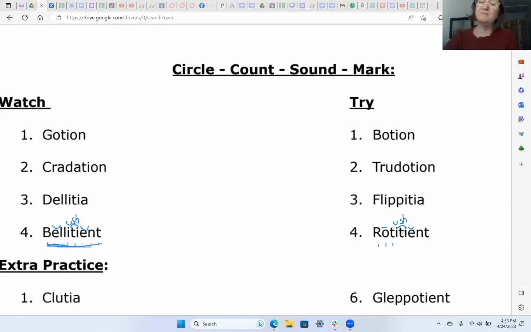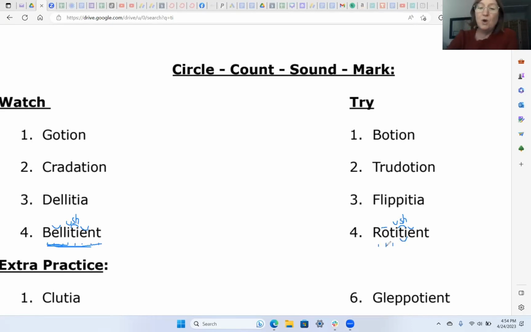That was so confusing. If you've marked it, I want you to erase the SH mark on the first TI and put a T and a regular I sound right there. No wonder that tripped me up. So it's this TI that I want to be the SH sound.